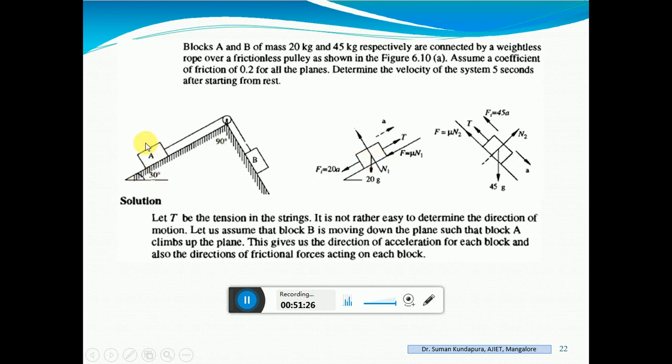If this is 30 degrees, the weight will also make an angle of 30 degrees with respect to the normal.